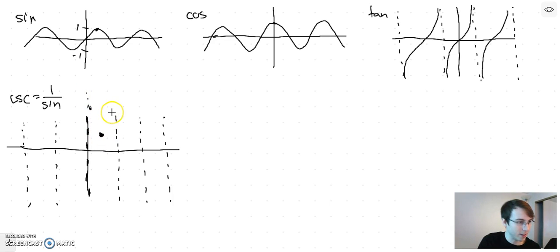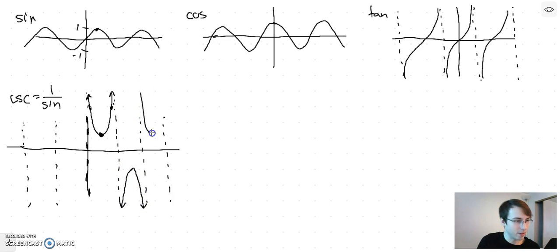Same thing's happening on this side too. So it's going to be almost like a parabola looking thing. It's going to look like that. Now on this side, it's the same idea, but it's negative. So it's going to be a parabola looking thing like that.